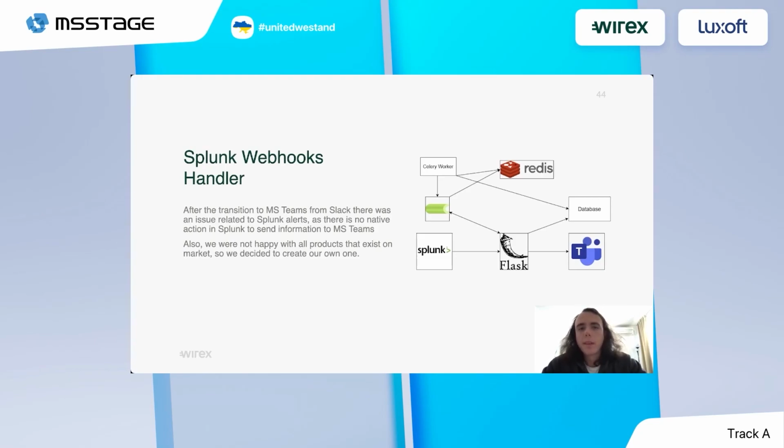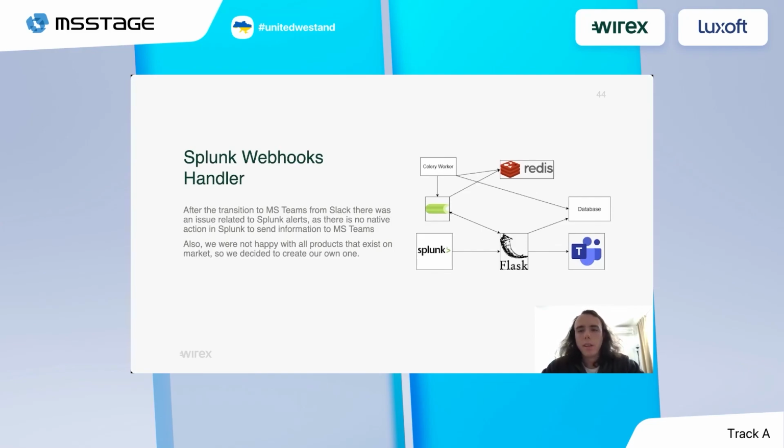Splunk webhooks handler. After the transition to Microsoft Teams, we faced an issue related to Splunk alerts, as there is no native action in Splunk to send information to Microsoft Teams.